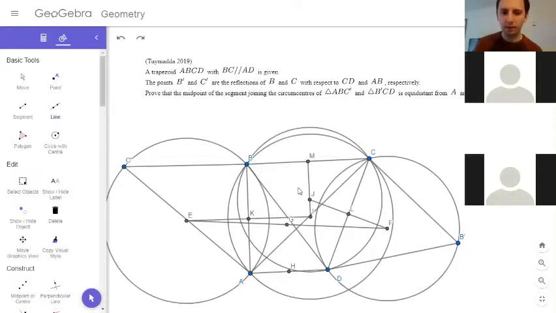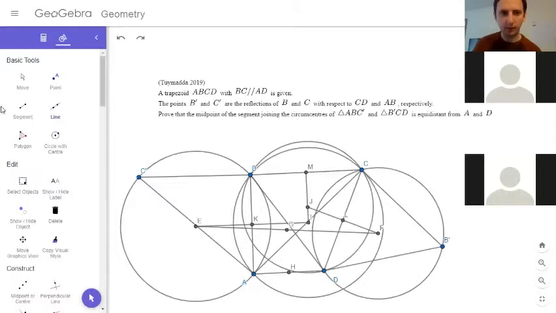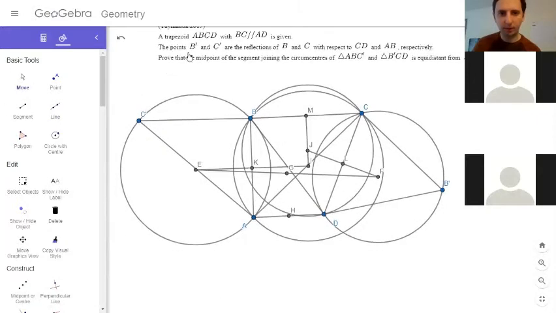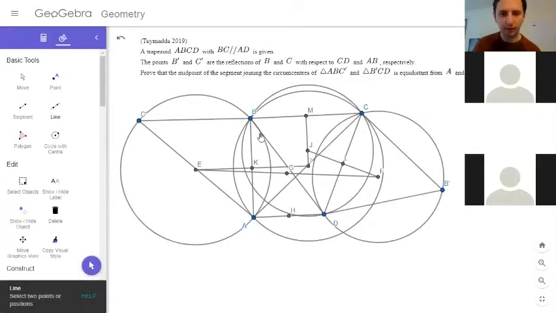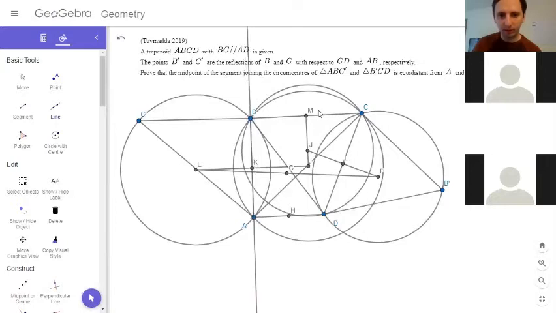But actually, so BC, CD, and HM are concurrent at a point. Maybe that helps. Yeah, what if I draw that? I'm not 100% sure it's going to help, but let's see.